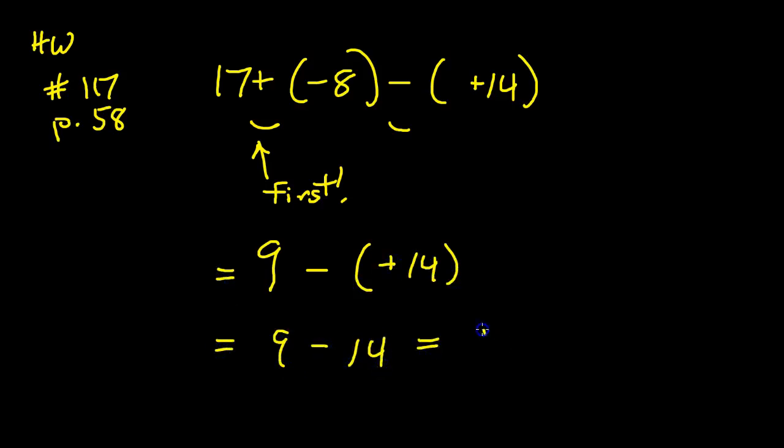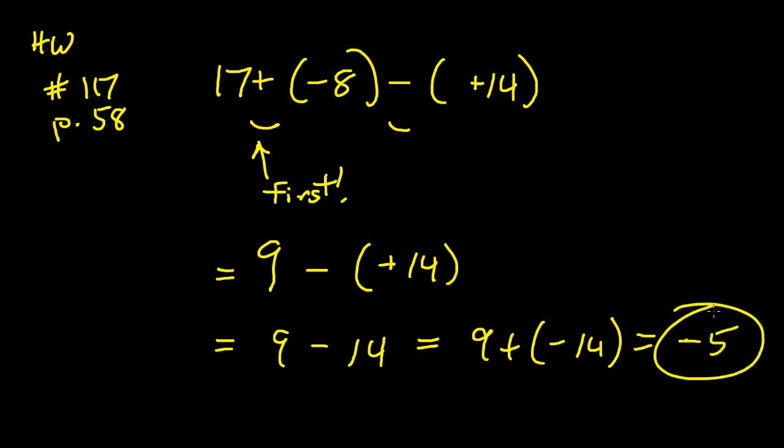Or I could write it as 9 plus the negative of 14. Don't want to get too fancy here. And 9 minus 14 is going to return me a negative 5. All right, so this concludes section 1.7, subtracting real numbers.